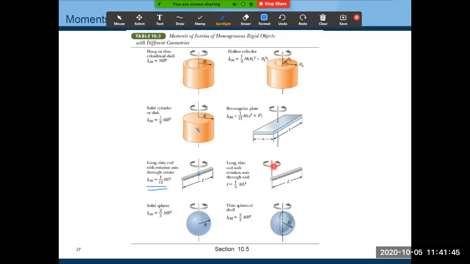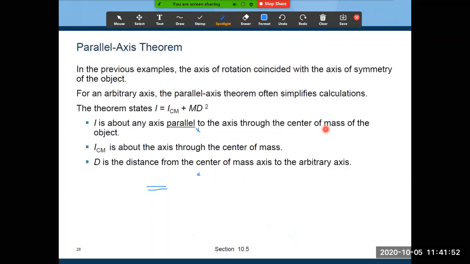In that situation, the moment of inertia for these two cases could be related by what we call the parallel axis theorem. The idea is you have a body rotating about a certain axis. If this axis passes through the center of mass of the object, you have a certain moment of inertia.